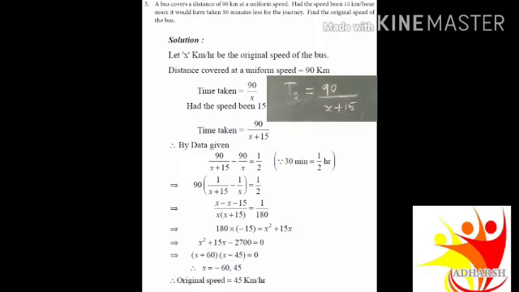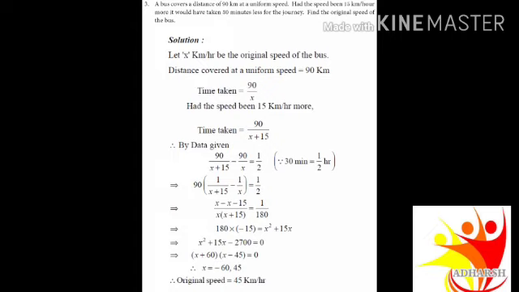And also given that the bus takes 30 minutes less for the journey, therefore t1 minus t2 equal to 30 minutes. We convert 30 minutes to half an hour, we take 1 by 2. Therefore t1 value is 90 divided by x minus t2 value 90 divided by x plus 15, equal to 1 by 2.